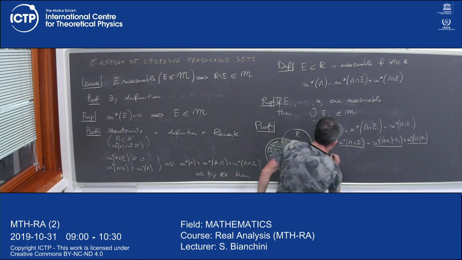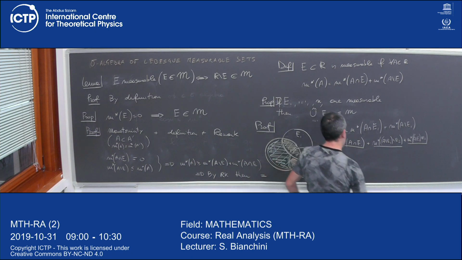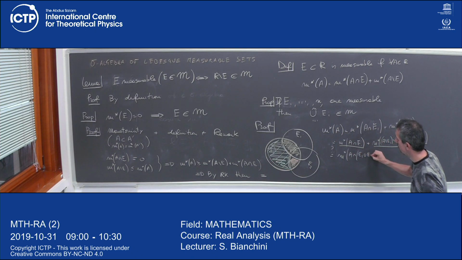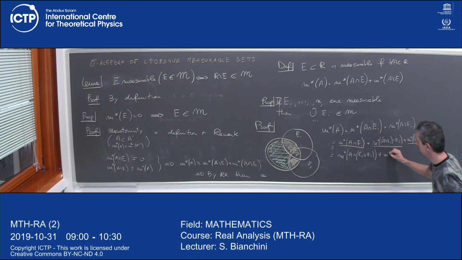So at the end, this is what I want to write: M star of E intersection E1 union E2 plus M star of E minus E1 union E2. So how to do the last part? Okay, this guy is already here, no? Yes. So it's okay.